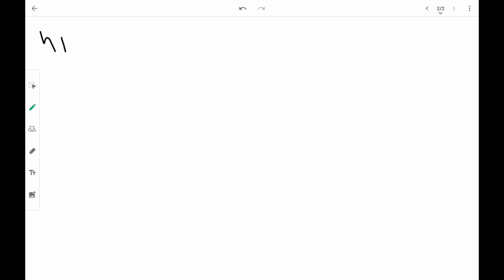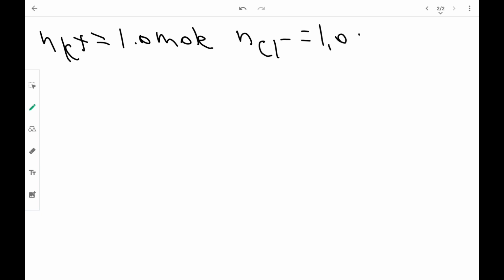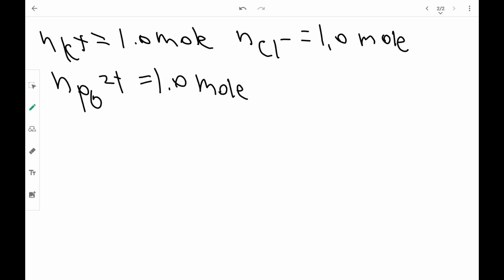Okay, for the number of moles of K⁺, it's 1 mole. And the number of moles of Cl⁻ is also 1 mole. And then the number of moles of Pb²⁺ is 1 mole. And the number of moles of NO3⁻ is 2 moles.